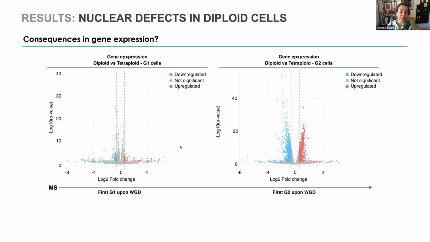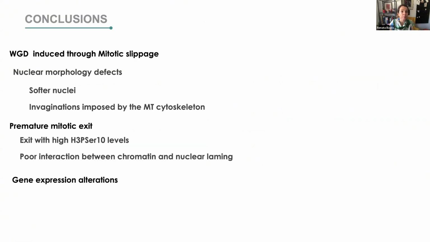There are a few already by RNA-seq, but these actually become much more evident in the first G2, suggesting that indeed these differences in chromatin and lamin interaction will probably lead to gene expression alterations.